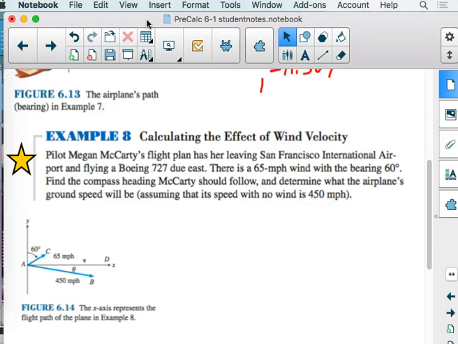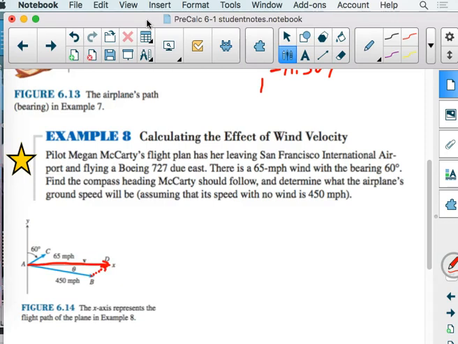So, the picture is showing us that this AC, that's the wind. That's our vector AC. And AB is where she's going to have to fly because the wind is pushing her. But where she wants to get to is the resultant vector right here. And I'm going to go ahead and put that little dashed line there so everybody can see.